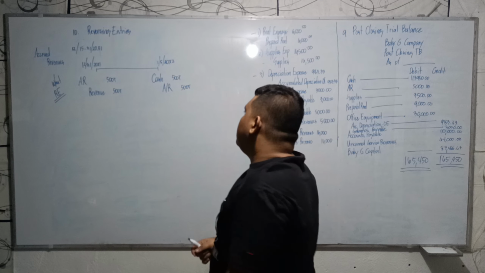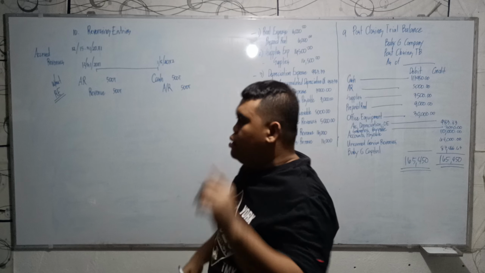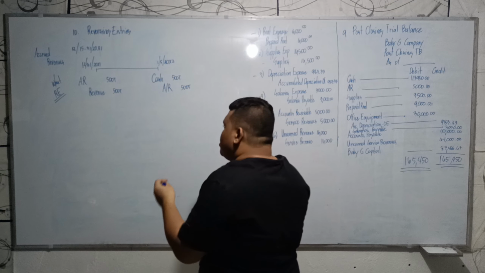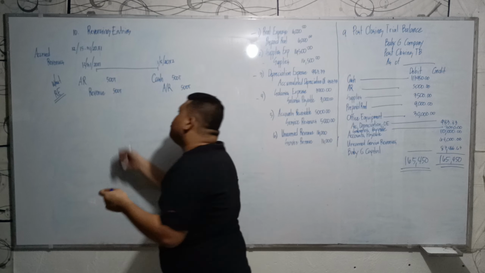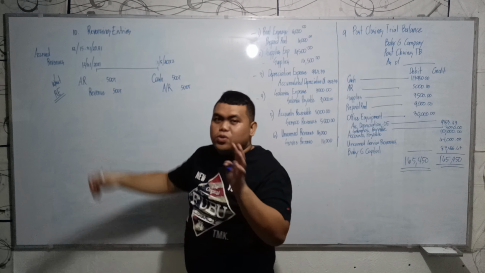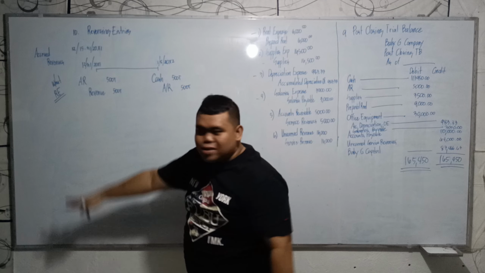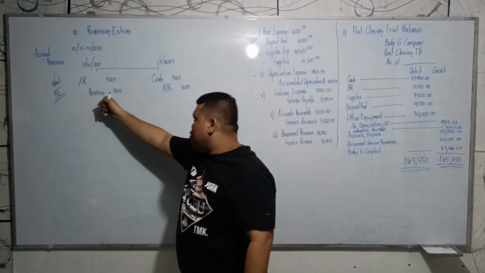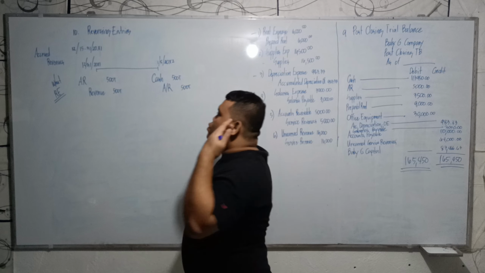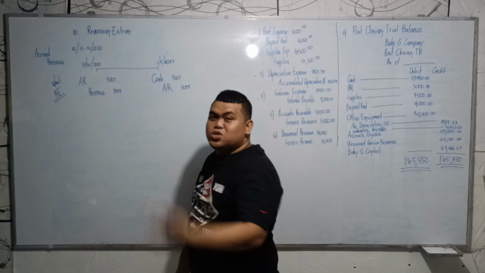Okay? You have the option not to use the reversing entries if you can remember all of the accrued revenues that you did on the past year. So the revenue was recognized in 20x1 as it should.